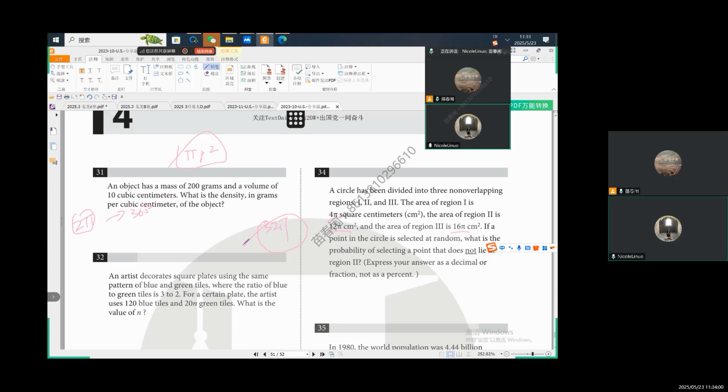The one not in section 2, so anything but the 12. So 4 plus 16, so 20 over 32 pi. And then the pi would cancel. So I get 20 over 32.